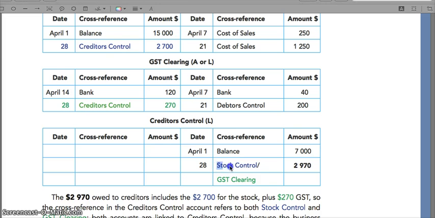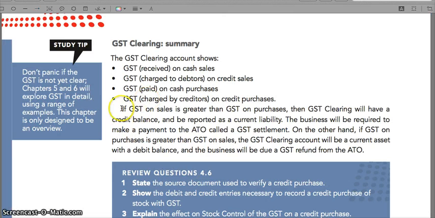Notice here again, we've got a split cross-reference. This transaction is getting split here and up to here. Just to summarize, there is a really good summary here.